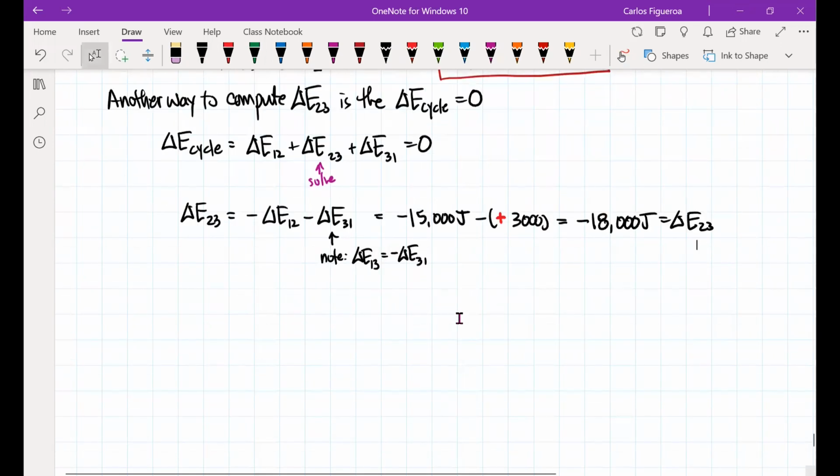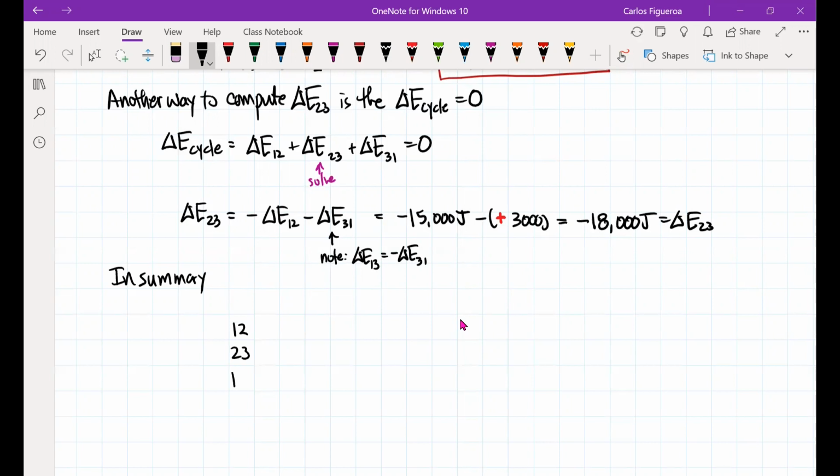So now let's summarize. In summary, what do we have? We have the cycle 1 to 2, 2 to 3, and then 1 to 3. This is going to be my heating in kilojoules, this is going to be my work in kilojoules, and this is going to be my change in internal energy in kilojoules.